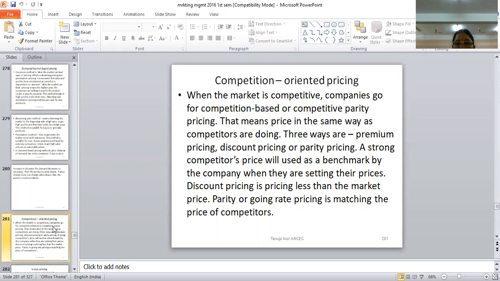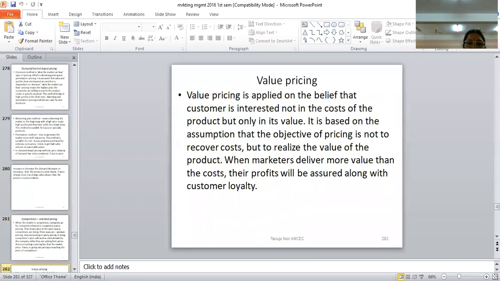They will also price their product at a discount price. Parity pricing or going rate pricing is where they match the price of the product to that of competitors. So what the competitor is charging, the same thing they will charge. So this is the competition-based pricing.